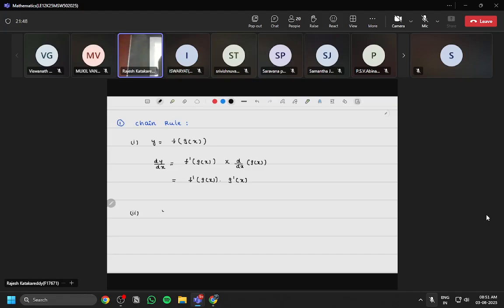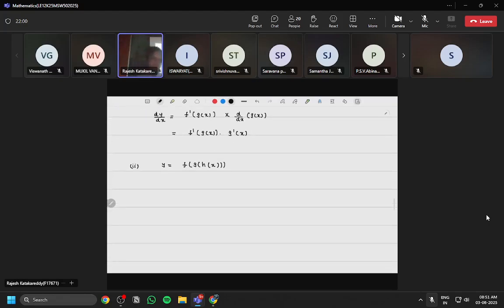Let us say y is equal to three functions. We'll take f of g of h of x. So if I differentiate them layer by layer, this is what I need to write after the first time.